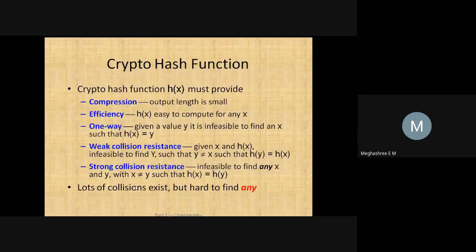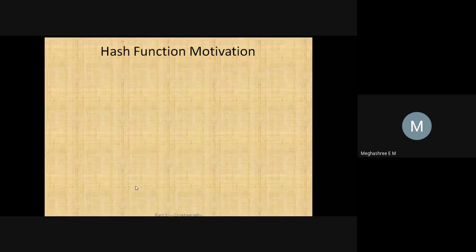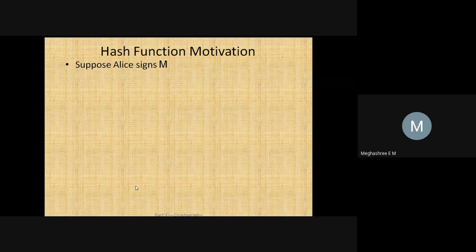Next we'll see the motivation for this hash function. I mean, what made the designers design this hash function? Let me consider a scenario where Alice signs a message. Alice is one sender, the party involved in the communication.